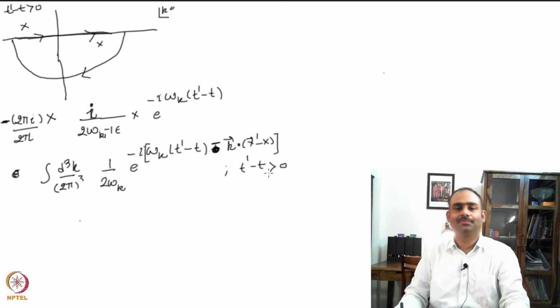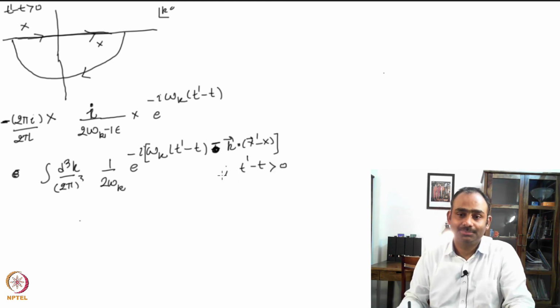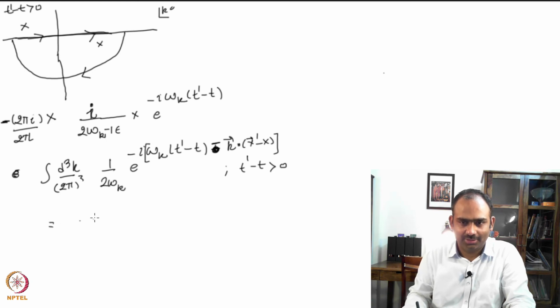This is the correct one. Okay, and this is the familiar result, and this is exactly what you had for D_F(t prime minus t). And this is only the result when t prime minus t is greater than 0.